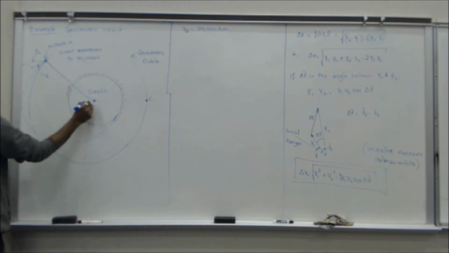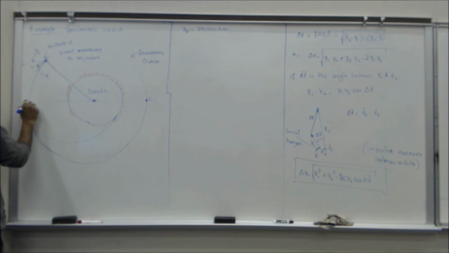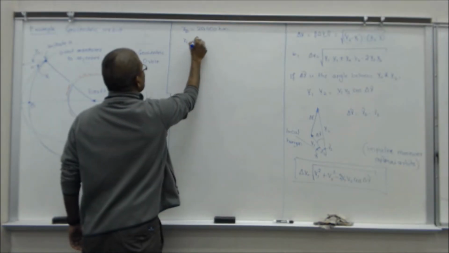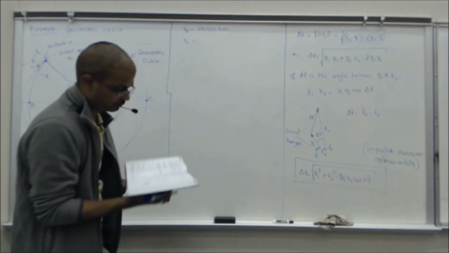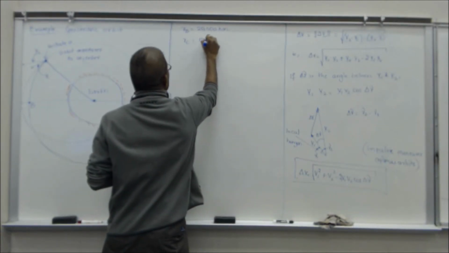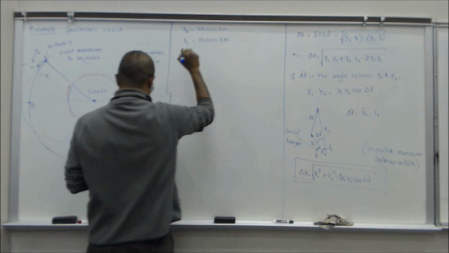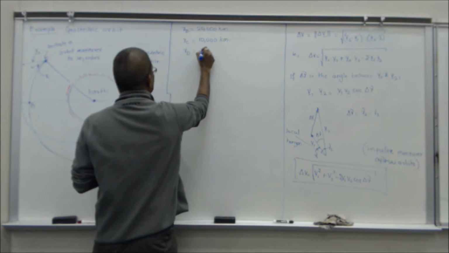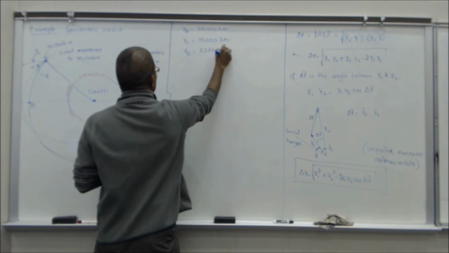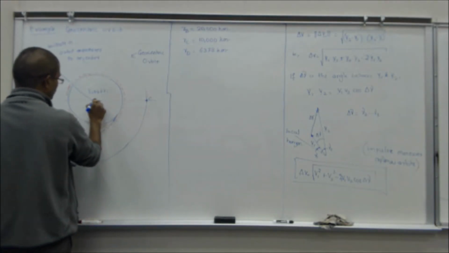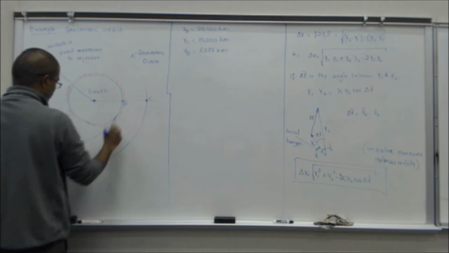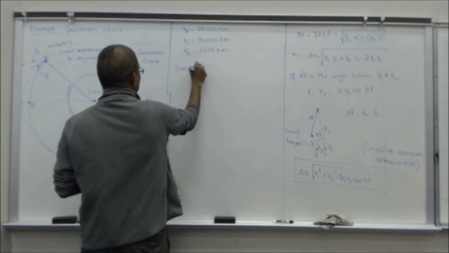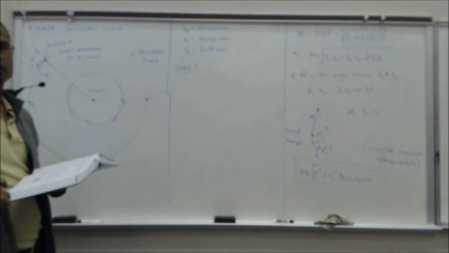And this is point B. C is kilometers, and RD is so orbit 1. This is a single impulse maneuver. Okay, I hope you realize that.